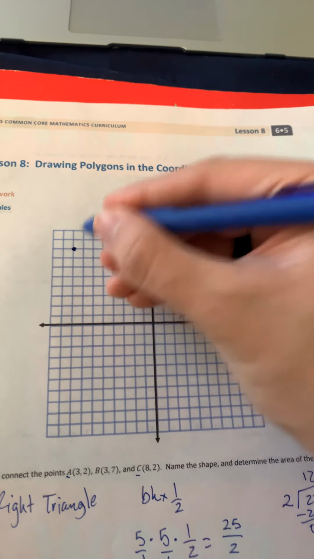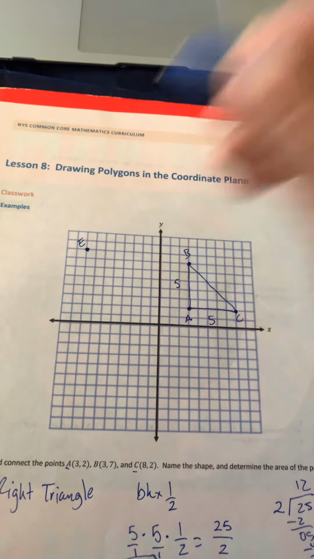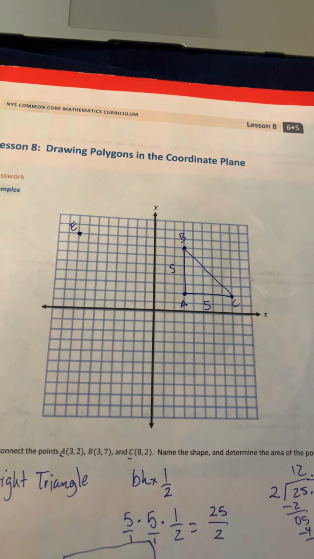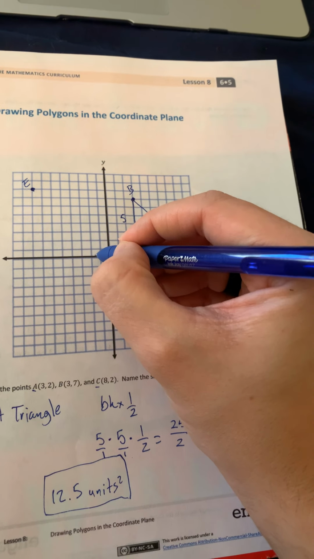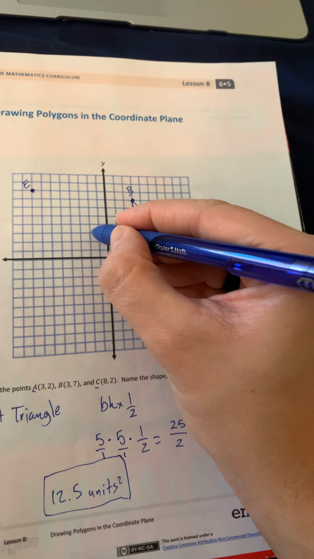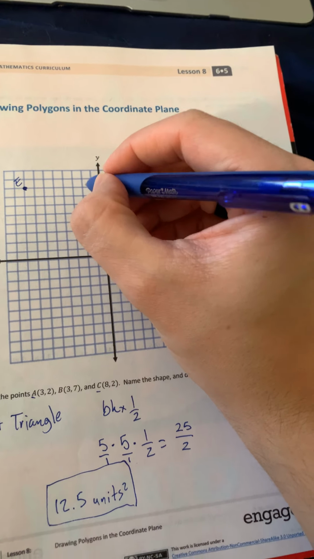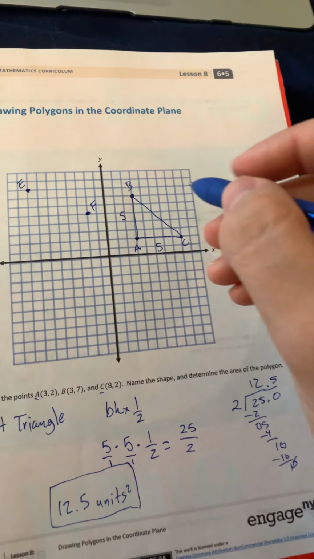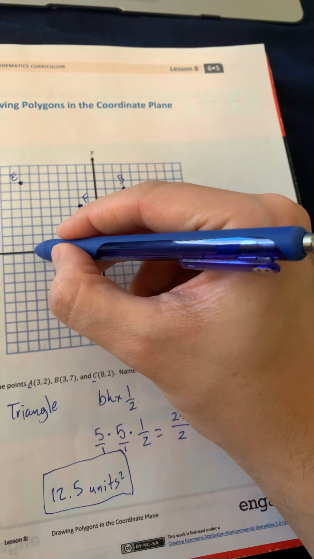So that's point E. Next one is -2, +5. 1, 2, and +5: 1, 2, 3, 4, 5. That's point F. And point G is -7, +2. 1, 2, 3, 4, 5, 6, 7. 1, 2.